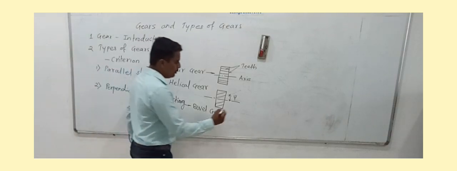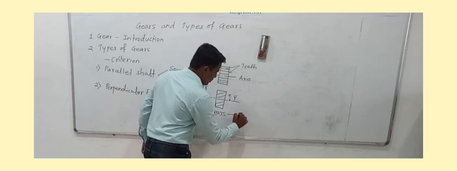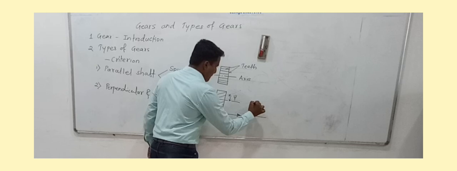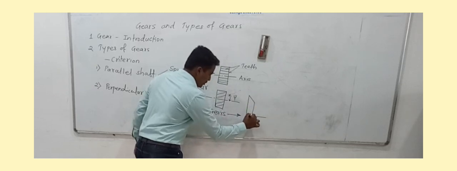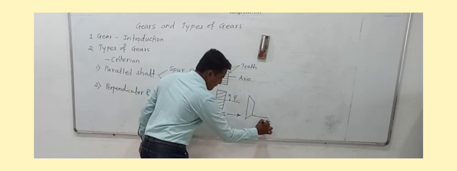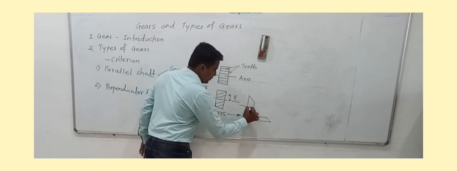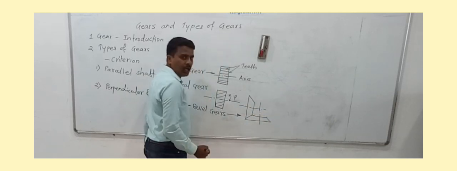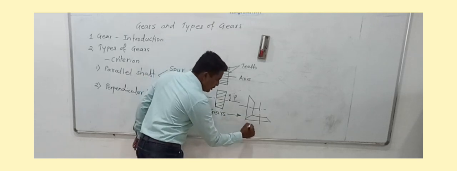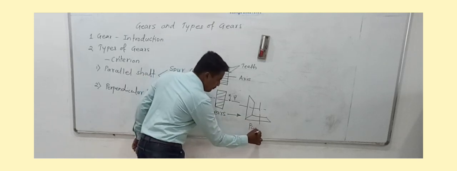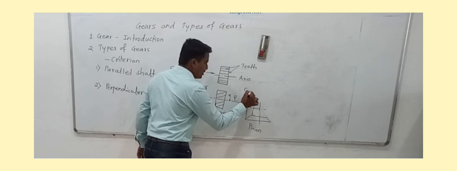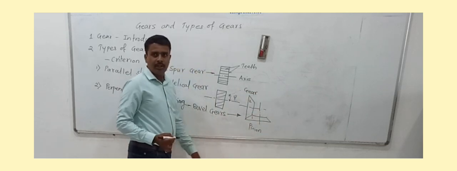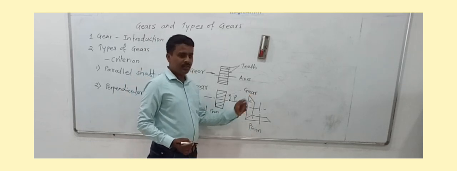If you want to draw a figure of this, consider one gear pair. Here this is the axis of one gear and this is the axis of the other gear. Let me name the first as a pinion and the second as a gear.